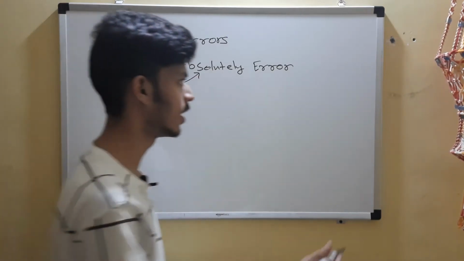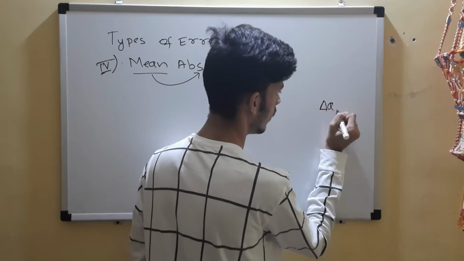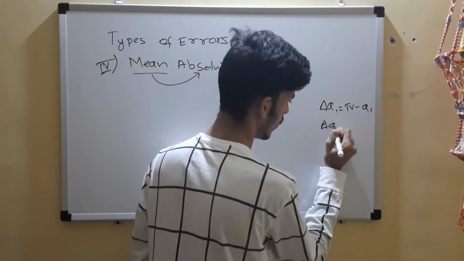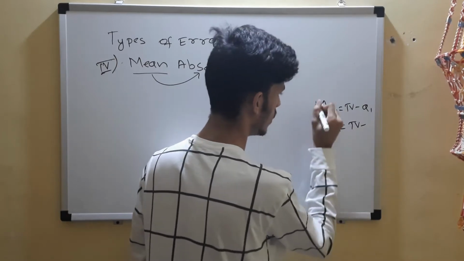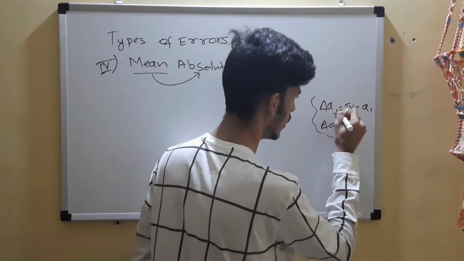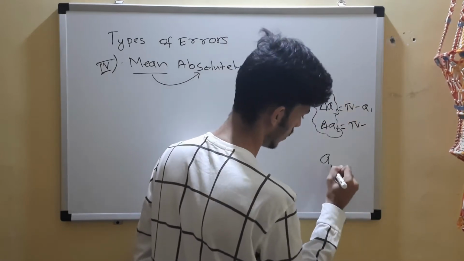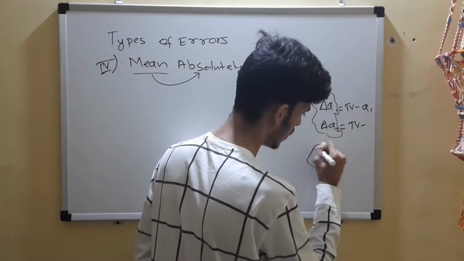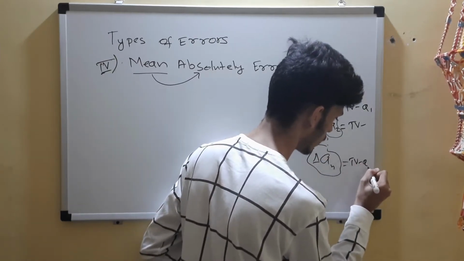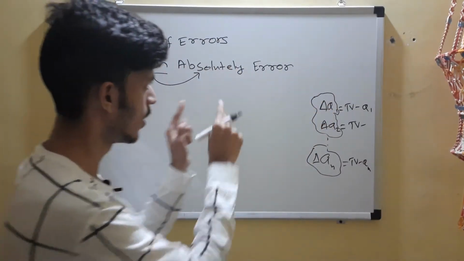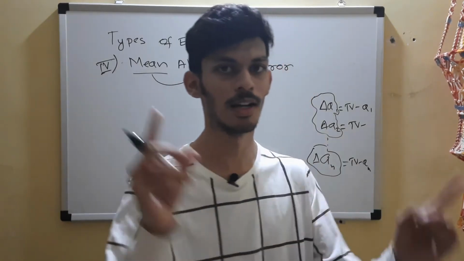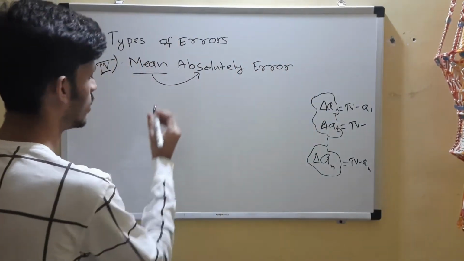What were your absolute errors? If you remember, delta A1 was TV minus A1, delta A2 was TV minus A2, all of these up to delta An are your absolute errors. You have to take a mean of them, but keep in mind that it should be a modulus.